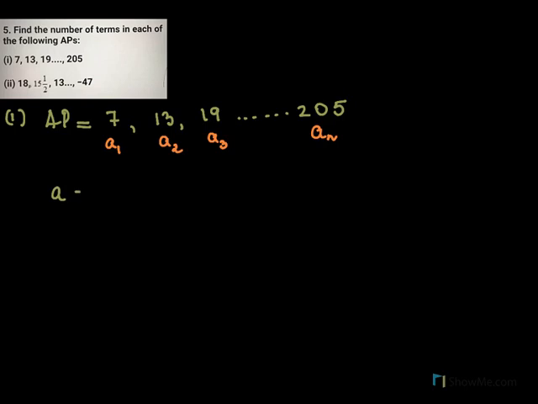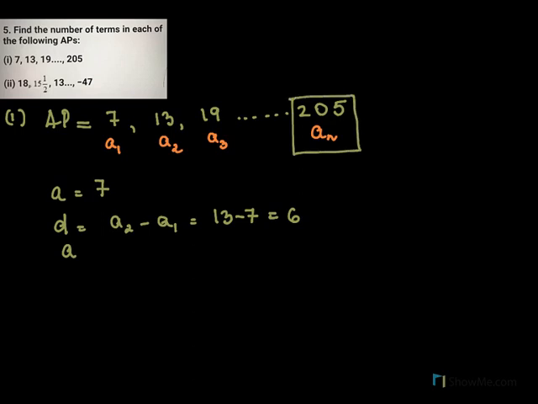So we have A equal to 7. Now D will be equal to A2 minus A1, that is 13 minus 7, which is equal to 6. And the last term is given to us here. We know our AN. Our AN is 205.